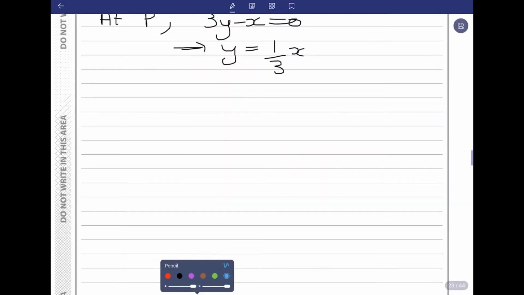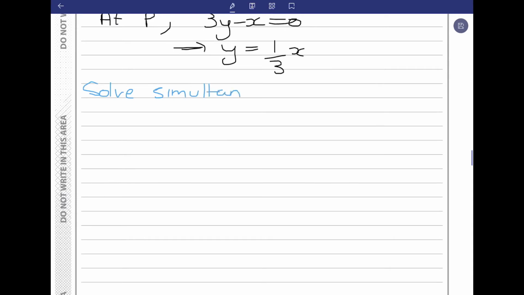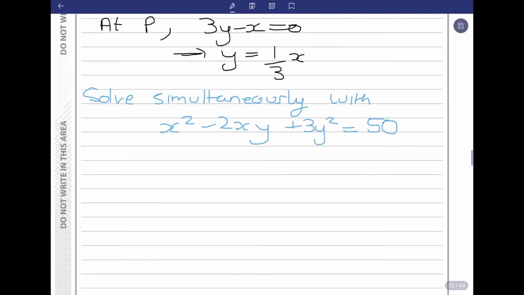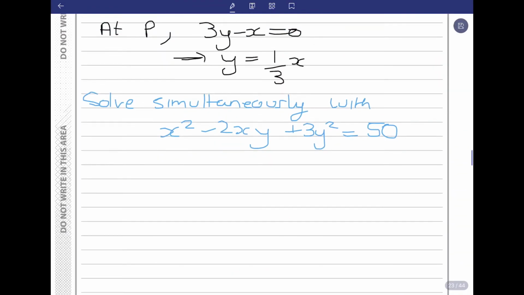Solve simultaneously with our x squared minus 2xy plus 3y squared equals 50. Just check I've got that right. Yep. So all we have to do is plug in y here. So let's call this 1, this 2, 1 into 2.